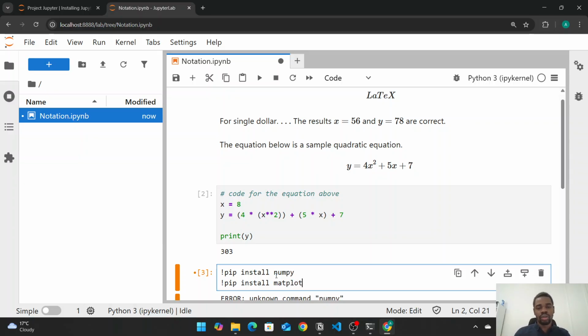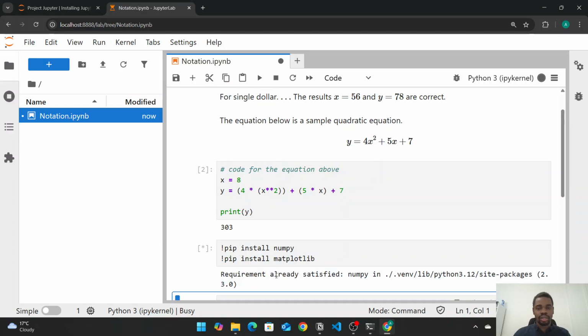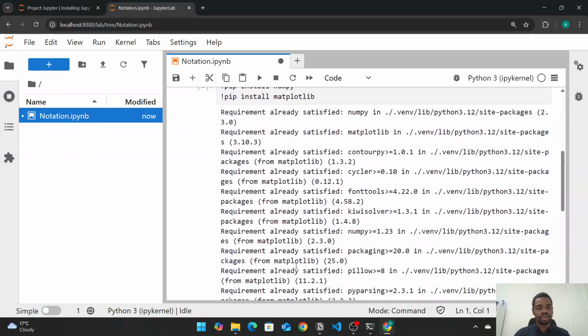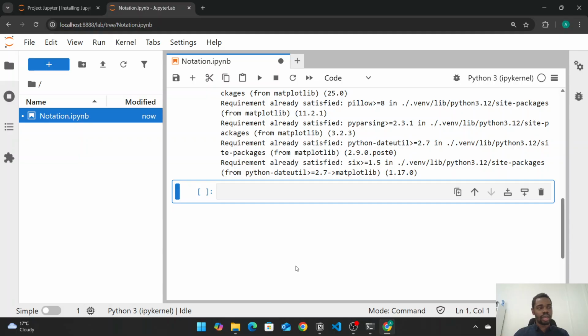NumPy is used for algebra, linear algebra, for creating things like matrices of n dimensions. Matplotlib on the other hand is for plotting. It's in the name. So it plots various diagrams for us.